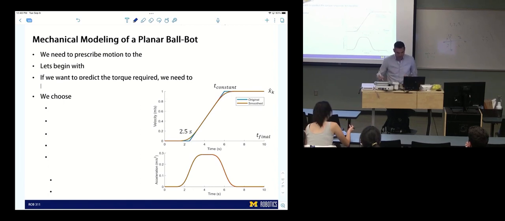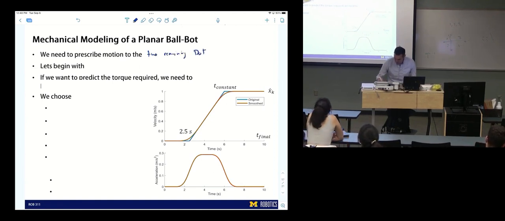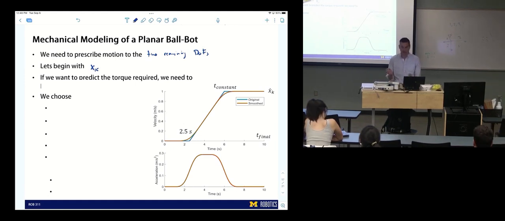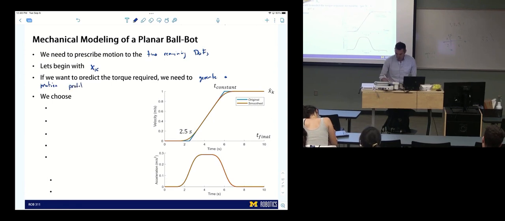So if we want to prescribe motion to the 2 remaining degrees of freedom, then we give it x_k. So what do we want the system to actually do in terms of x_k? If we want to predict the torque, we need to generate a motion profile.